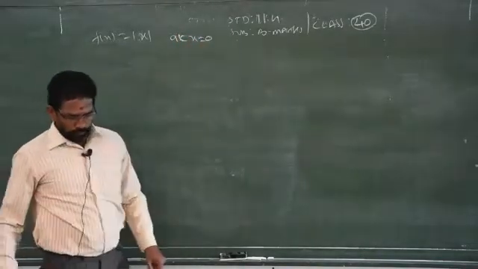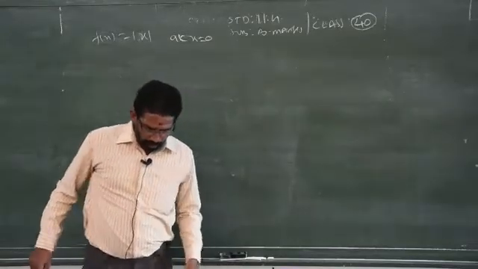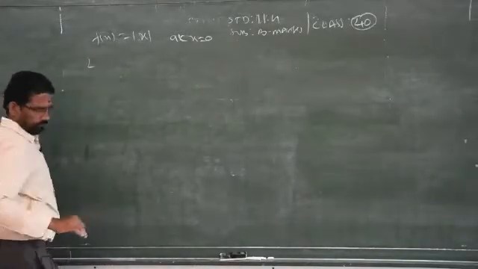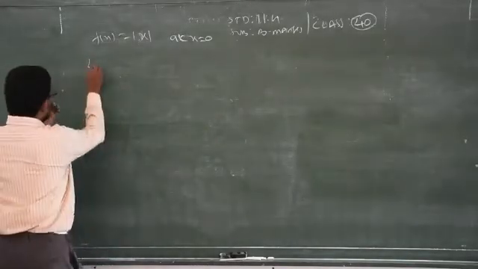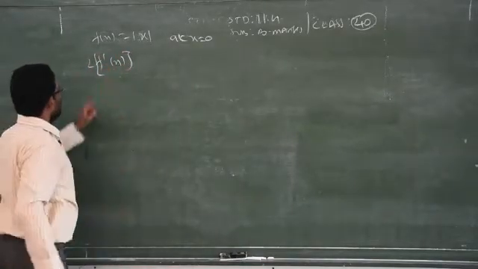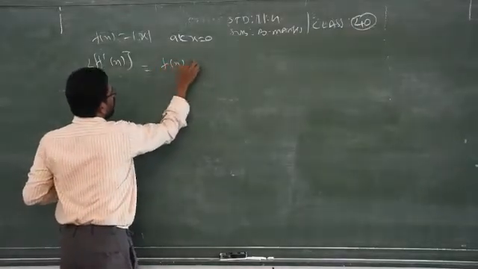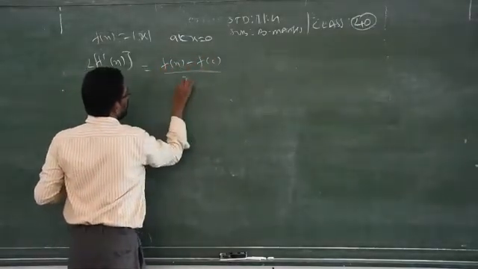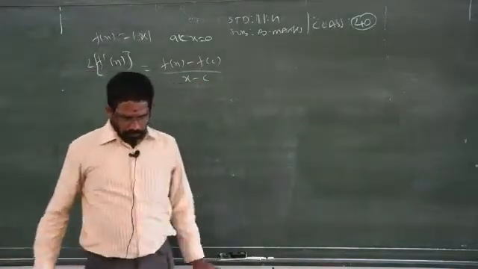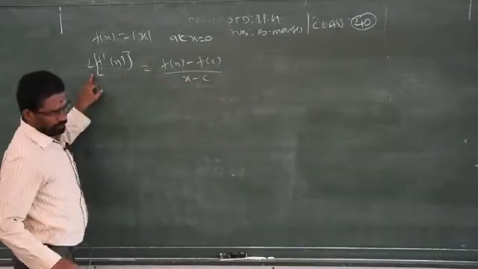To prove whether it is differentiable at x is equal to 0 or not, we have the same formula. For the left hand limit, that is L f dash of x, we denote left hand derivative. Left hand derivative is equal to f of x minus f of c by x minus c. So this is the formula to find the left hand derivative. For the right hand derivative, the same formula, what will come here?